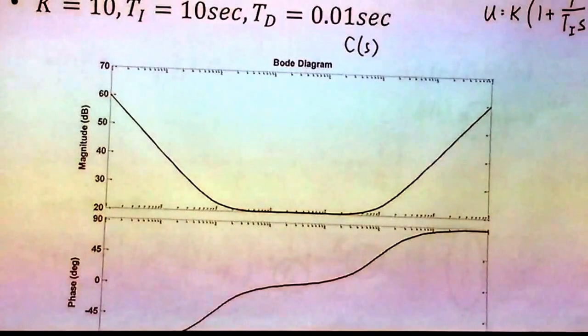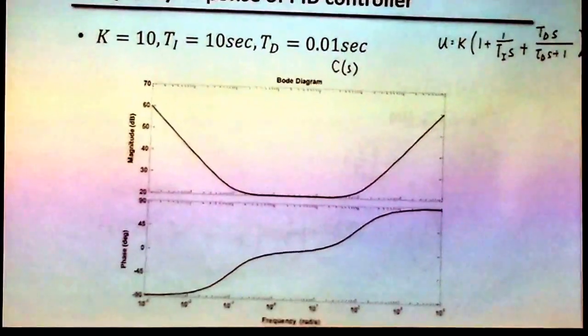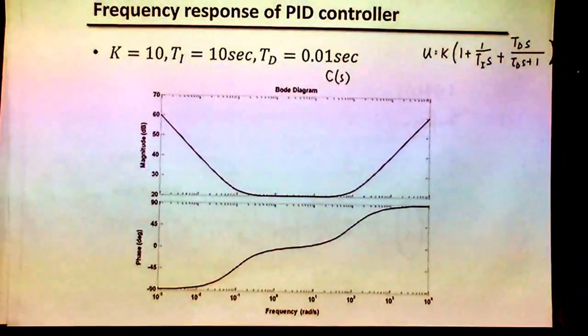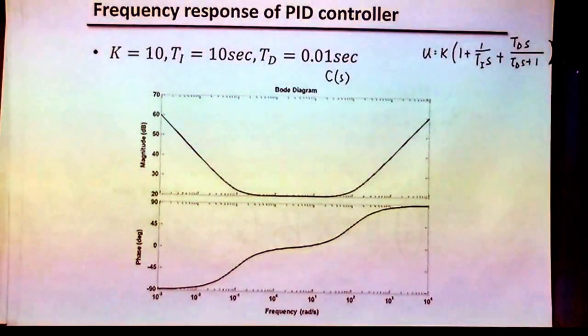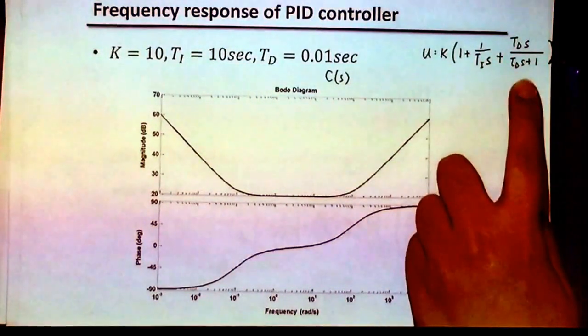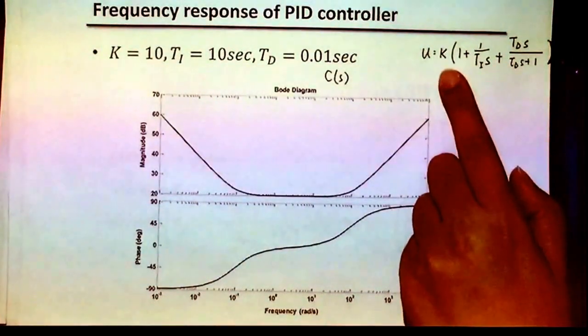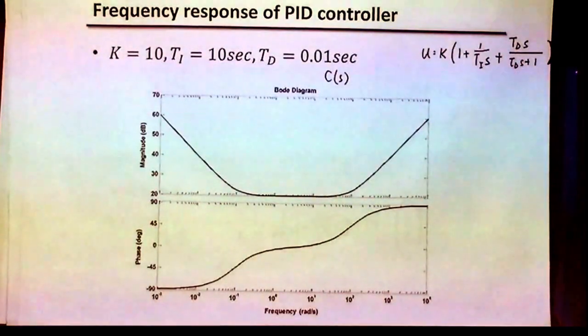Just an example from a MATLAB simulation. In MATLAB, you can plot the Bode diagram of the PID controller. All you need to do is key this in MATLAB, and put in the numbers for K, TI, and TD. For those who are interested, try out MATLAB.